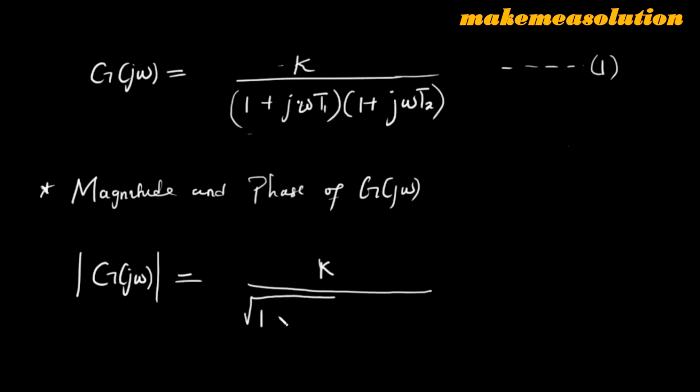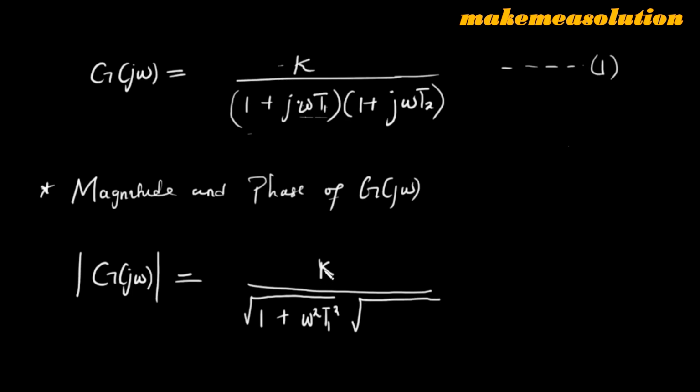So 1 squared is 1 plus the imaginary part is omega T1. So omega T1 squared is going to be omega squared T1 squared. So you're going to multiply the magnitude of this one by the magnitude of this one eventually to get the magnitude of this whole denominator.